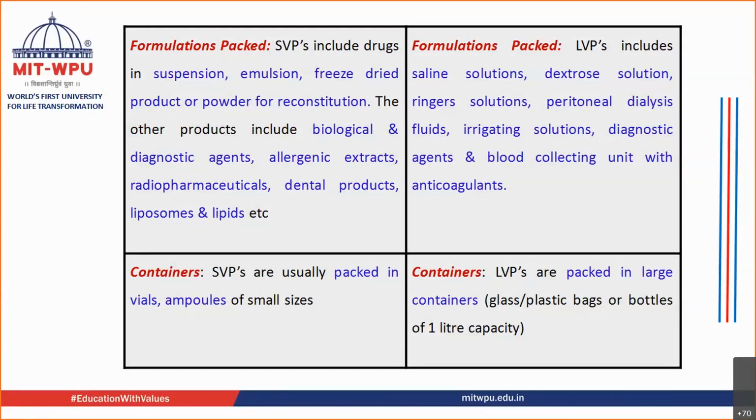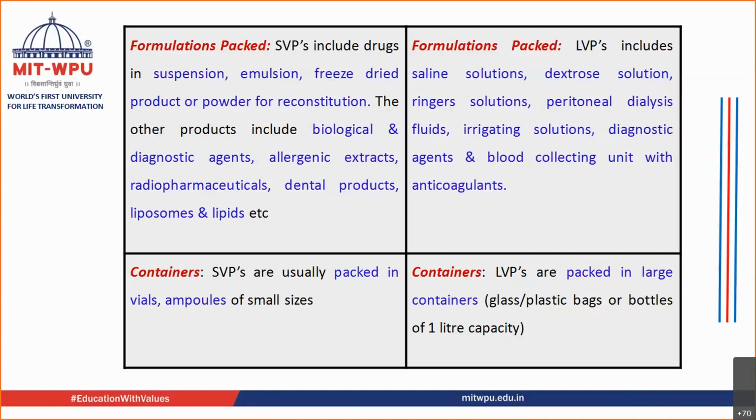If you consider LVP, then saline solutions, dextrose solution, Ringer solution, peritoneal dialysis fluid, irrigation fluids, diagnostic agents, and blood collecting units along with anticoagulants. These are the examples of SVP and LVP.